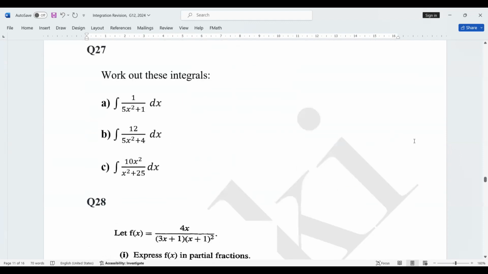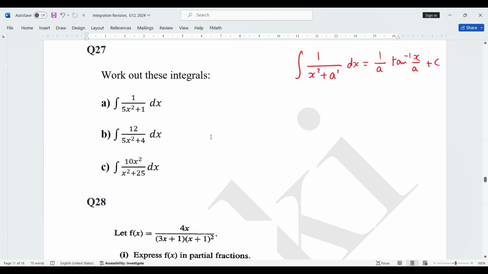We have an important formula in integration. Integration of 1 over x squared plus a squared dx equals 1 over a arctan x over a plus constant. We use this rule to solve a, b, and c.